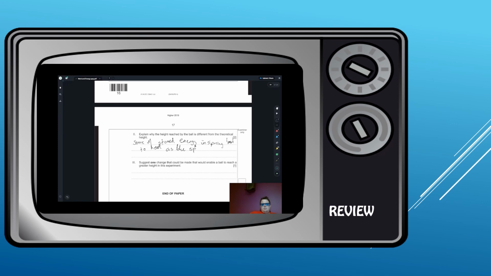The spring retracts. Now, one change that enabled the ball to reach a greater height in this experiment. We can't stretch it any further, so we just want a stiffer spring. So use a spring that is stiffer.